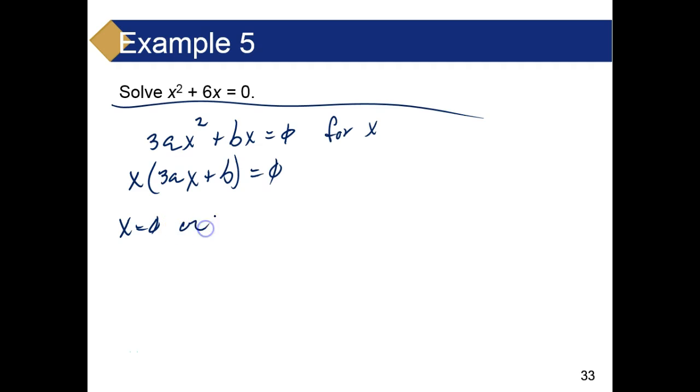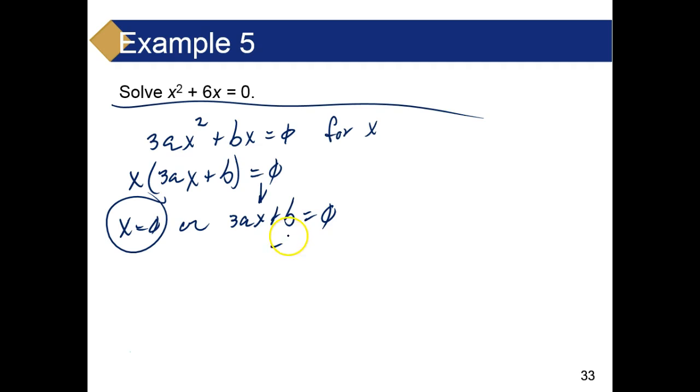Either x equals 0 or 3ax plus b is equal to 0. This is already a solution right there, right? This next one, though, now we isolate the x. We want to isolate the x. So how are we going to do that?